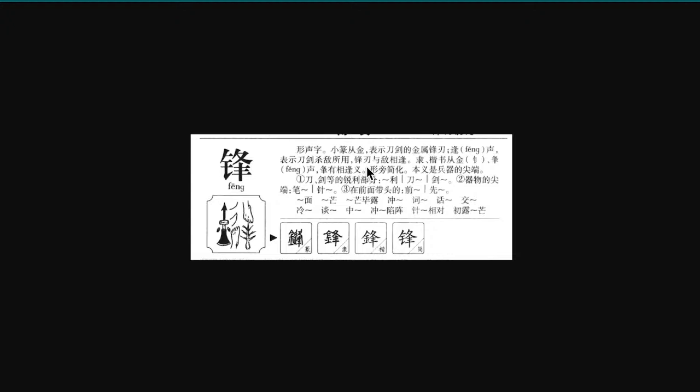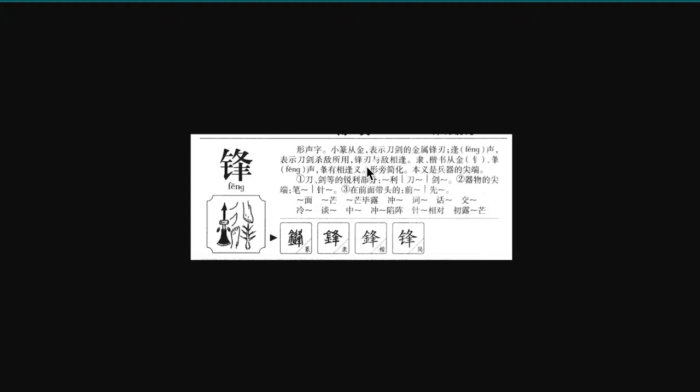This is obvious because the cutting edge of the blade, or the sharp pointy thing on a spear, is where this weapon will meet the enemy's body.